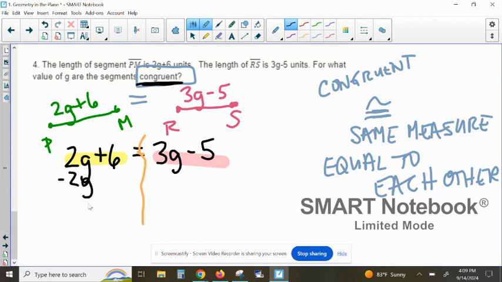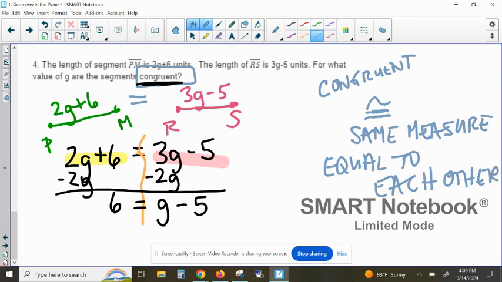And whatever I do, I have to do to the other side of Squiggly under his bestie, which happens to be right here. So I'm going to do some math here. I've got a 6 left on this side. 3 G's take away 2 G's gives me just a G, or a 1G, minus 5. Remember, I could have changed this to a plus negative also, so I make sure I don't mess up my negative signs.